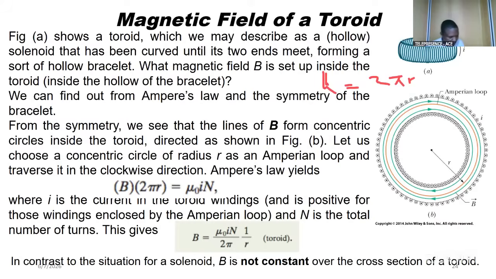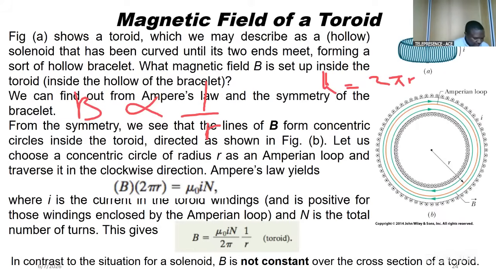I repeat myself: the magnetic field in a toroid decreases with increasing radial distance. That is, B is directly proportional to 1 over R.